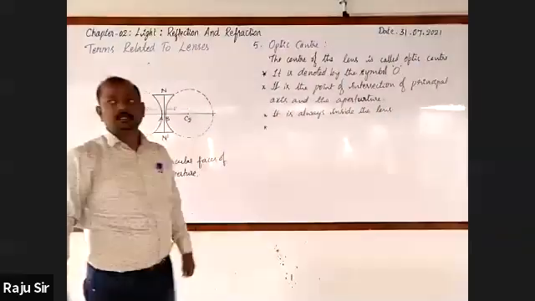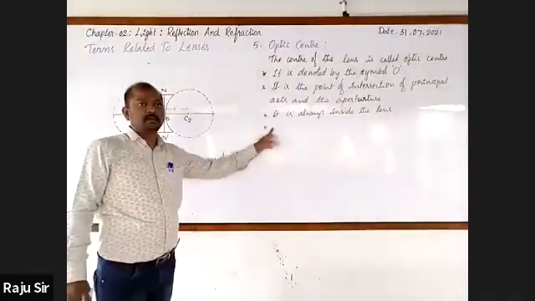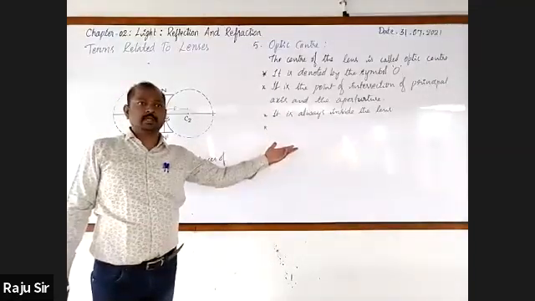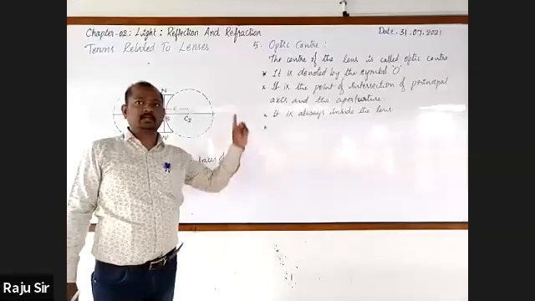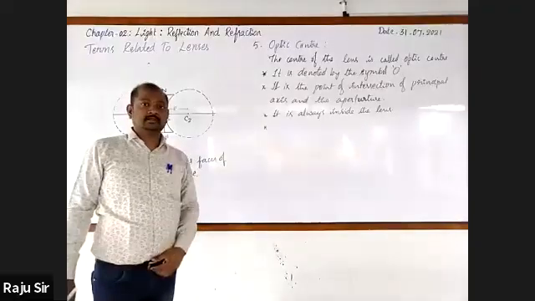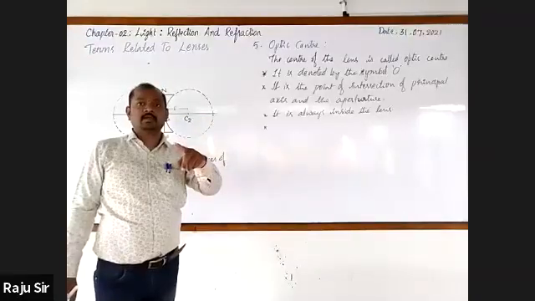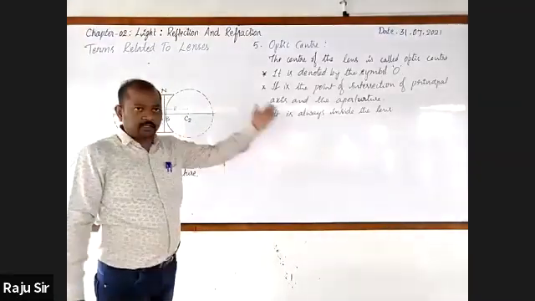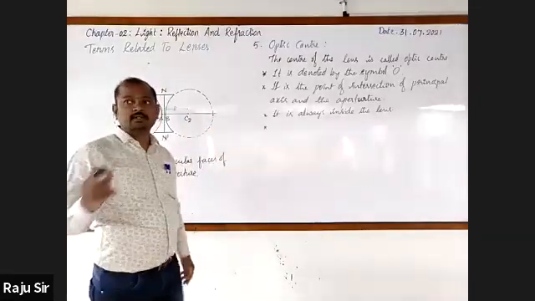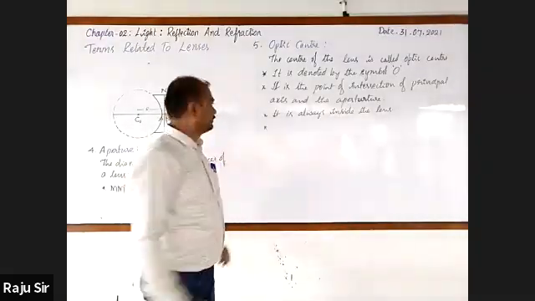And we also know that a ray of light incident at optic center passes through the lens without bending, because the angle of incidence will be 0. Then at what angle does the ray of light fall? 90 degrees. The ray of light is incident on the surface of the lens at a right angle, so the angle of incidence and angle of refraction both will be 0.